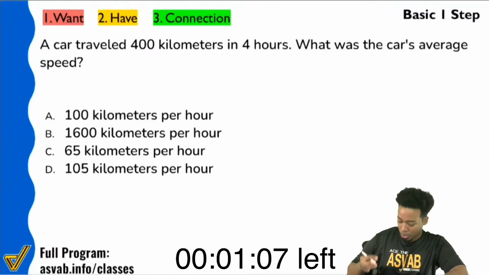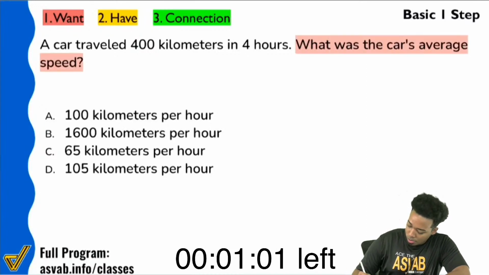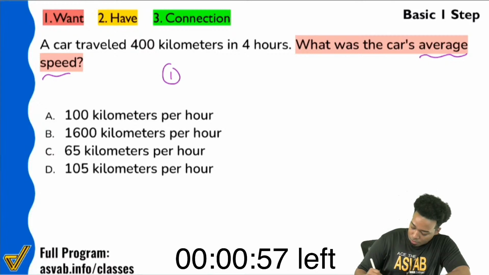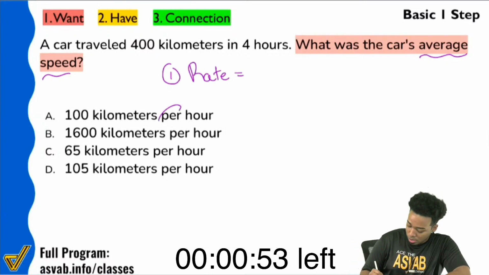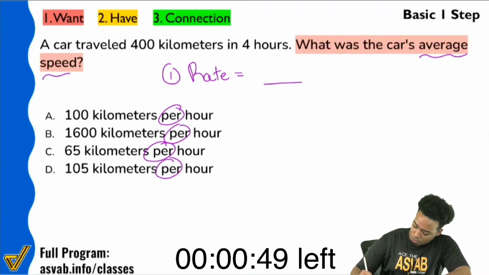Step 1, what do I want? So nobody type into the chat box, just watch and learn. Step 1, what was the car's average speed? Okay. Average speed, I'm looking for rate. And if I needed some reassurance, the word per is all up in the answer choices. We're good. So I'm looking for rate.